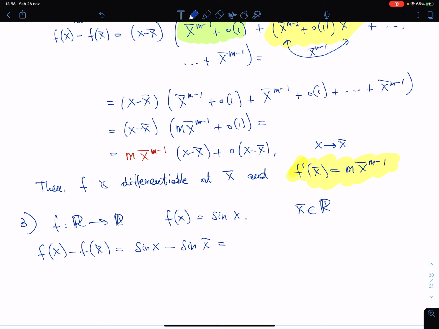The famous prostaphaeresis formulas on the difference of sines say that this difference is equal to 2 times sine of (x minus x bar) divided by 2, times cosine of (x plus x bar) divided by 2.